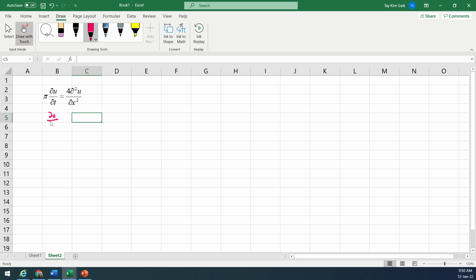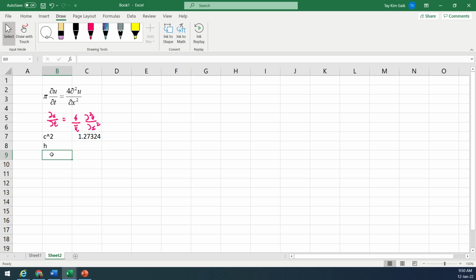You have del u del t equal to, so pi brought to the right-hand side, multiply becomes divide, 4 over pi del 2u del x2. So c squared is 4 divided by pi.